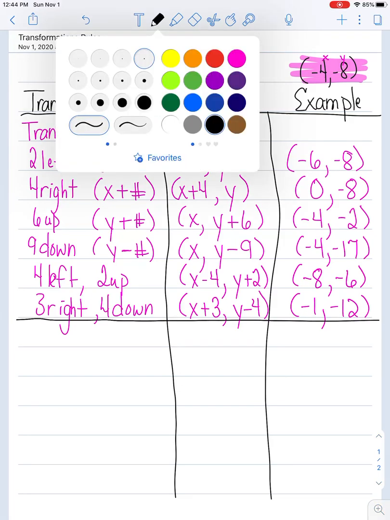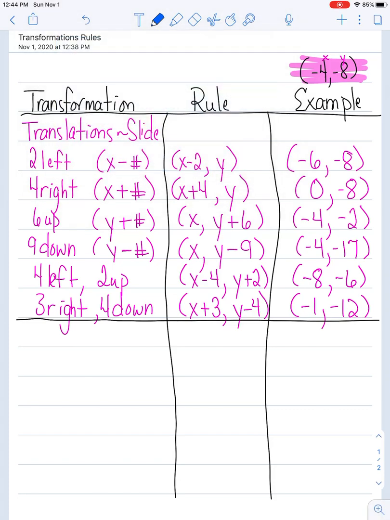The second one that we're going to take a look at is dilations. I wanted to do these two first because you actually have to put a rule or a number in your rule. Remember, dilations is k times x, k times y. Whatever you're dilating by, you multiply your x and y by that.